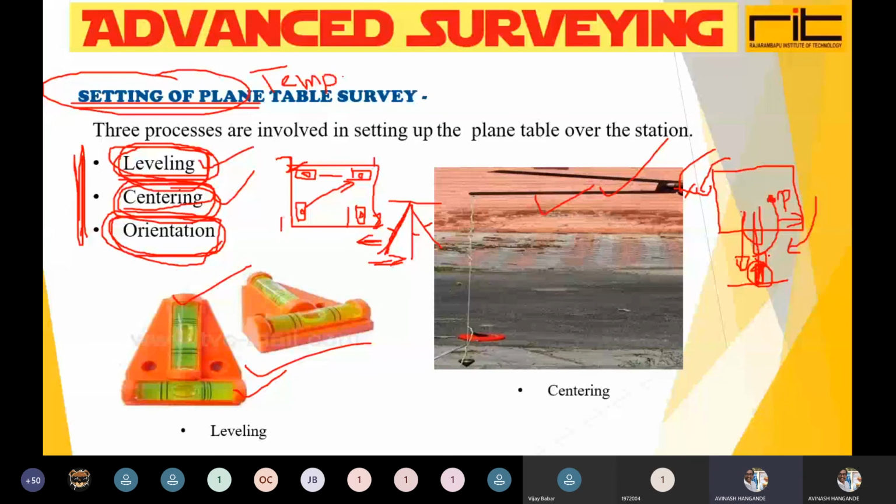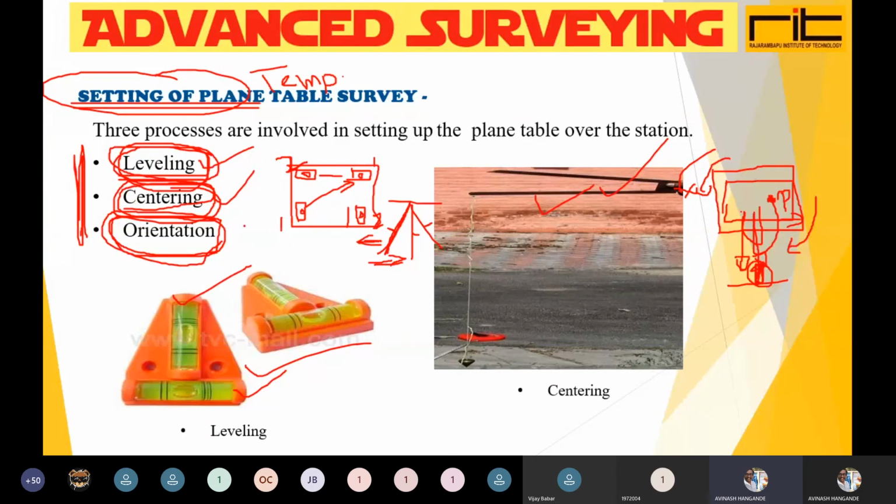And after that happens, we have to mark that point on this sheet. Okay, here we have attached this sheet. On that sheet we have to mark that point, and we have to name it in a small letter. So we have to use small letters, remember that, on this drawing sheet.